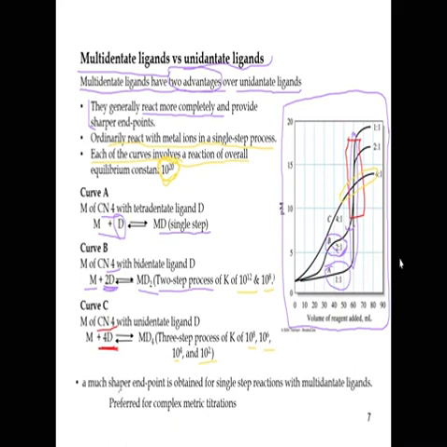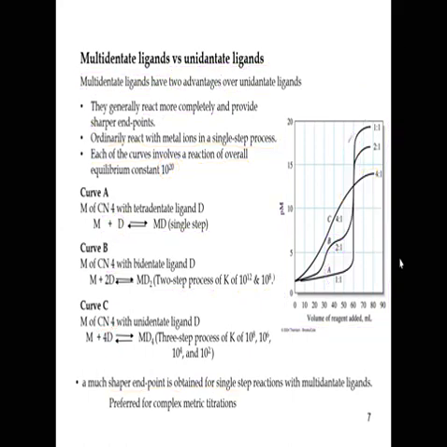So that means a much sharper endpoint is obtained for a single step reaction. For a single step reaction, it goes from here to here, and it always gives a sharp endpoint. You really need an indicator, right?